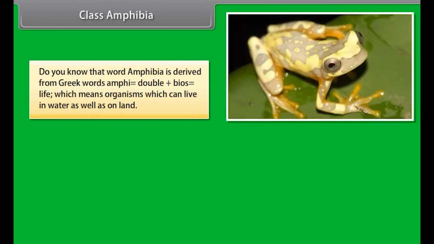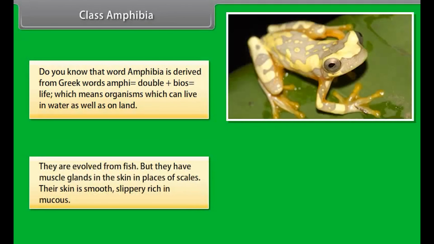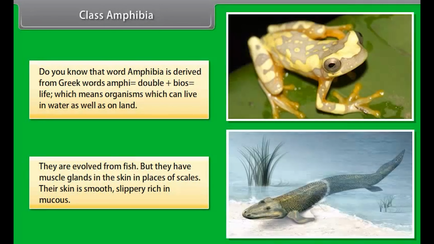Class Amphibia. Do you know that the word amphibia is derived from Greek words amphi, which is double, plus bios, which is life, which means organisms which can live in water as well as on land. They evolved from fish, but they have mucus glands in the skin in place of scales. Their skin is smooth, slippery, rich in mucus.